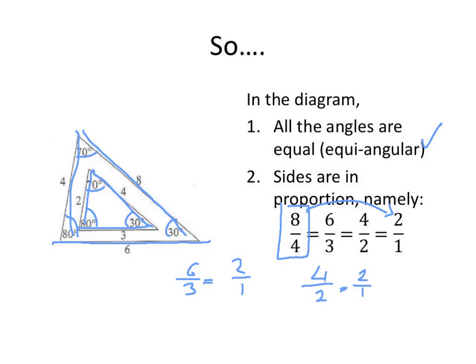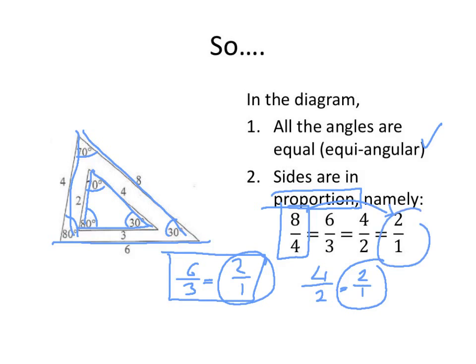If I use sides in proportion as my reason, all I need to do is take corresponding sides, write them as proportion problems, and see, do they all simplify to the same proportion? If so, then these triangles are similar, and we say sides in proportion would be our reason.